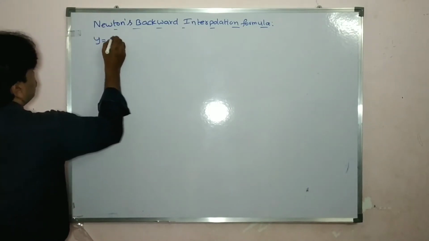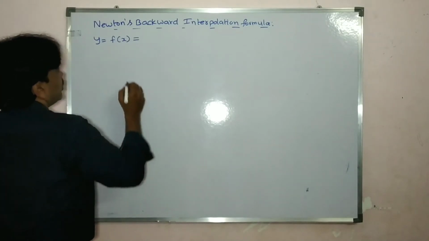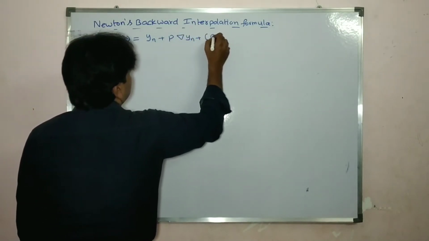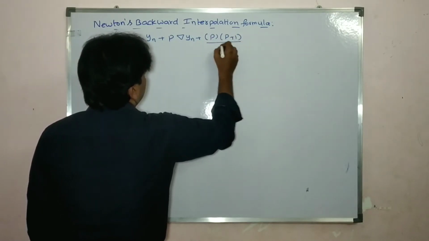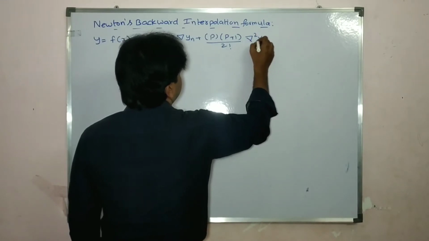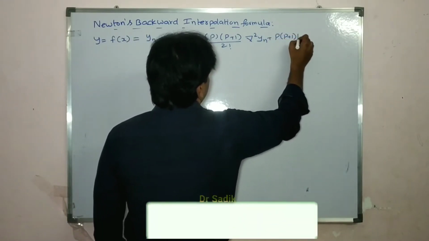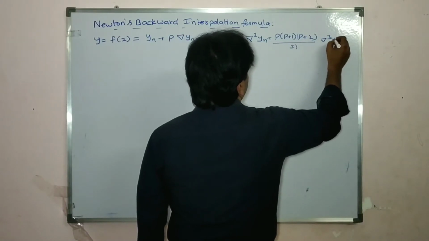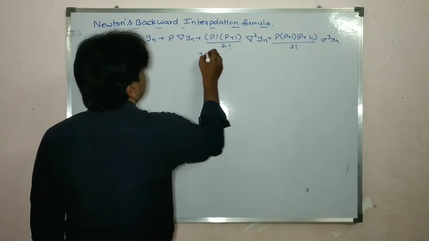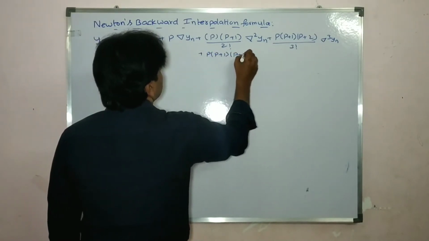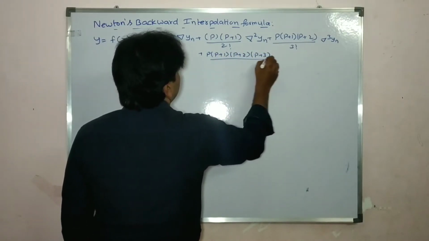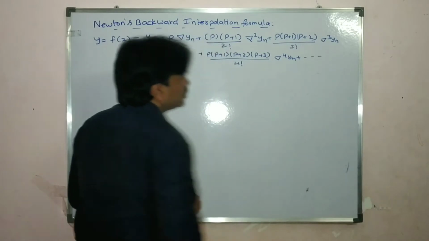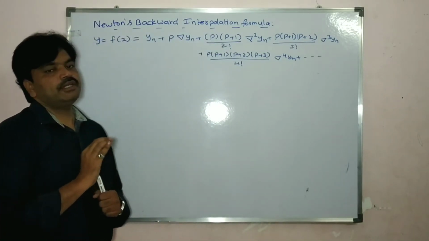So y is equal to f of x, that is equal to yn plus p into del yn plus p into p plus 1 by 2 factorial into del square yn plus p into p plus 1 into p plus 2 by 3 factorial into del cube yn plus p into p plus 1 into p plus 2 into p plus 3 divided by 4 factorial into del power 4 yn plus and so on. This is Newton's backward interpolation formula.